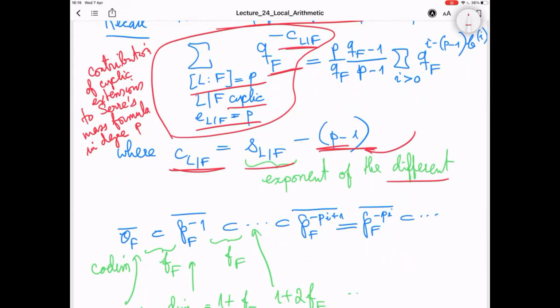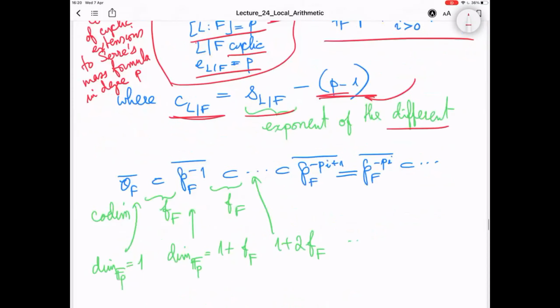But there can be no tame extension of degree p, right? Right. So, we had computed this sum and we arrived at this expression.